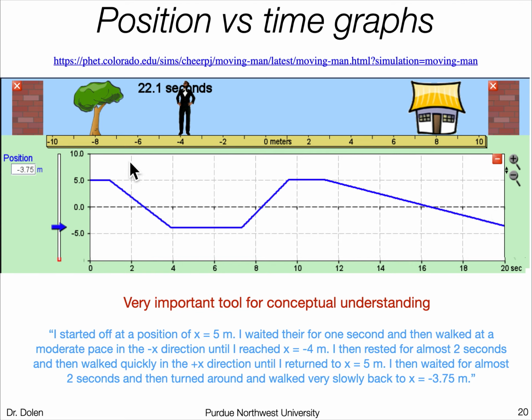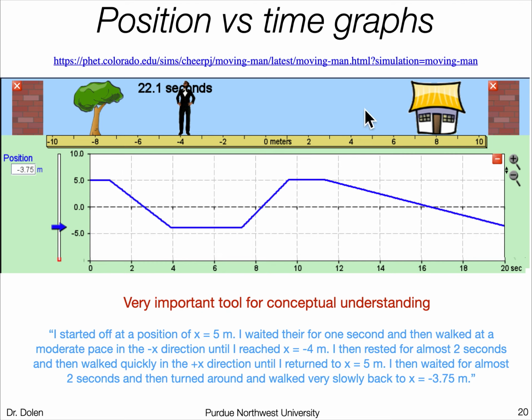From this graph, I should be able to already just conceptually in words describe the motion. At time equals 0, I can just read off my current position. I'm at x equals 5 meters, and I can tell that for the first second or so, right up until time equals 1 second, I stayed at x equals 5 meters, so I was at rest.